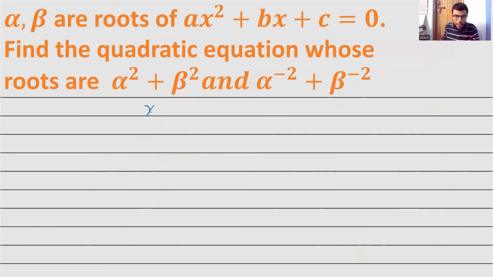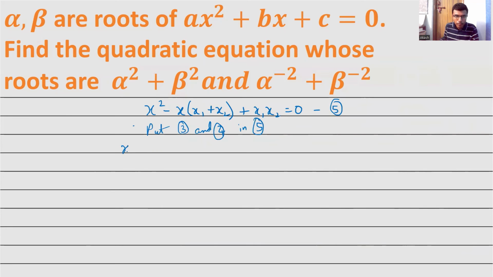I'm going to write that one again. I get x square minus x into x1 plus x2 plus x1 into x2 is equal to 0. I'm going to mark it as 5 now. Put 3 and 4 in 5.